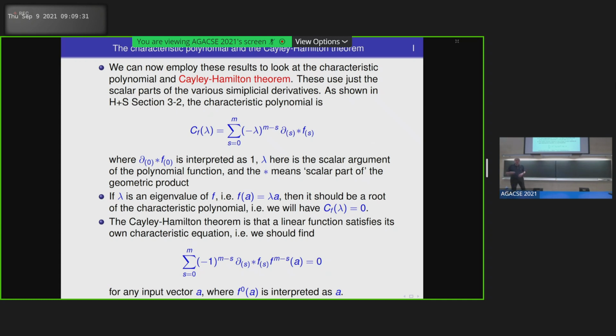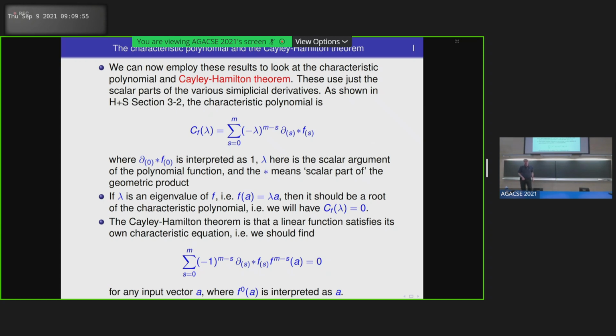In the normal approach, you would find the roots of that, which would be eigenvalues of f. In particular, for f of a equals lambda a, these lambdas will be solutions for this equation. And the Cayley-Hamilton theorem is the theorem that a linear function satisfies its own characteristic equation, its own characteristic polynomial.